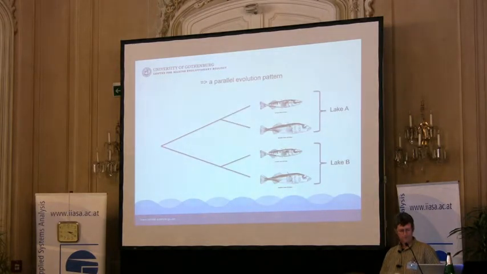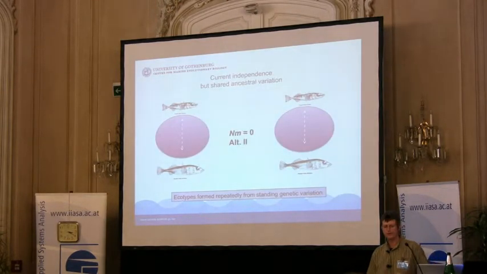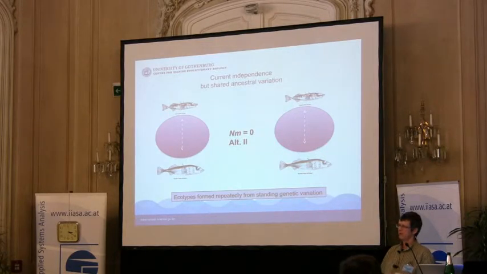However, if we have an ancestral situation where these two lakes were not independent, they will quite likely share a lot of variation. Then we may expect that the evolution of the local ecotypes may be from the shared pool of genetic variation. Then we have no parallel evolution, not in the strict sense.